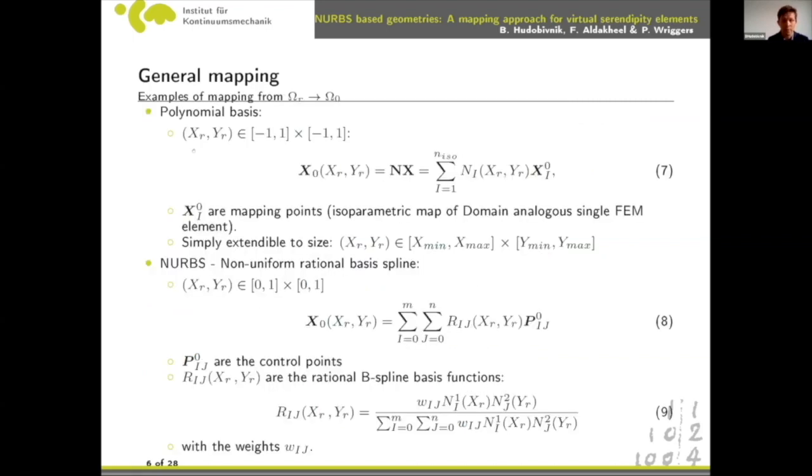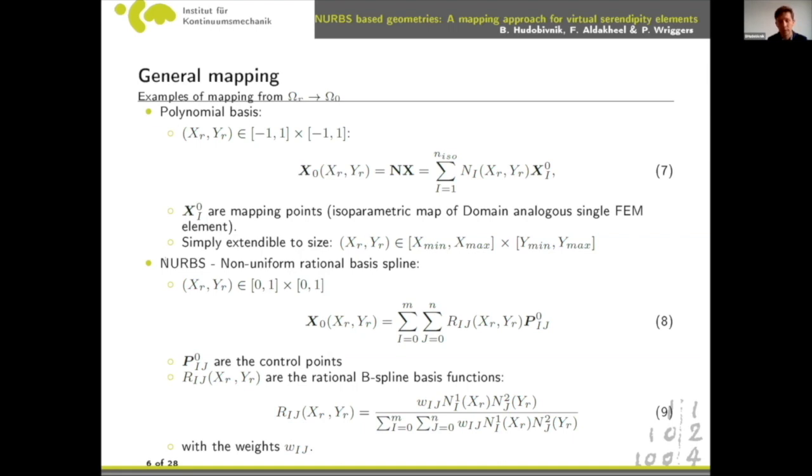Now there's several mapping functions possible. We can have polynomial basis functions, which map from the square of 2 times 2 to some arbitrary square. These functions are very simple. They have some disadvantages. They cannot describe accurately some geometries like circles. But the alternative is also NURBS functions, non-uniform rational basis spline functions.